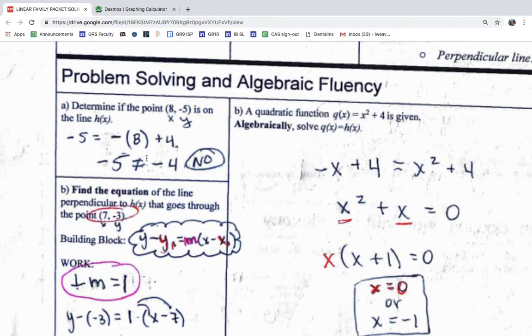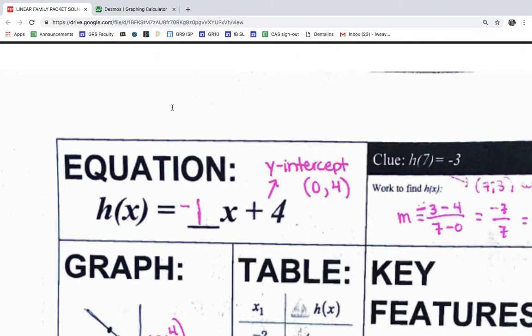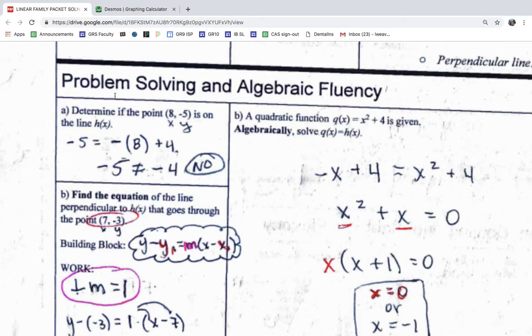Determine if the point x equals 8, y equals negative 5 is on the line. So substitute, go back to your pattern, which is up here, and I'm going to substitute y equals negative x plus 4. The left-hand side would say negative 5. Negative 8 plus 4 is negative 4. So those two things are not equal.